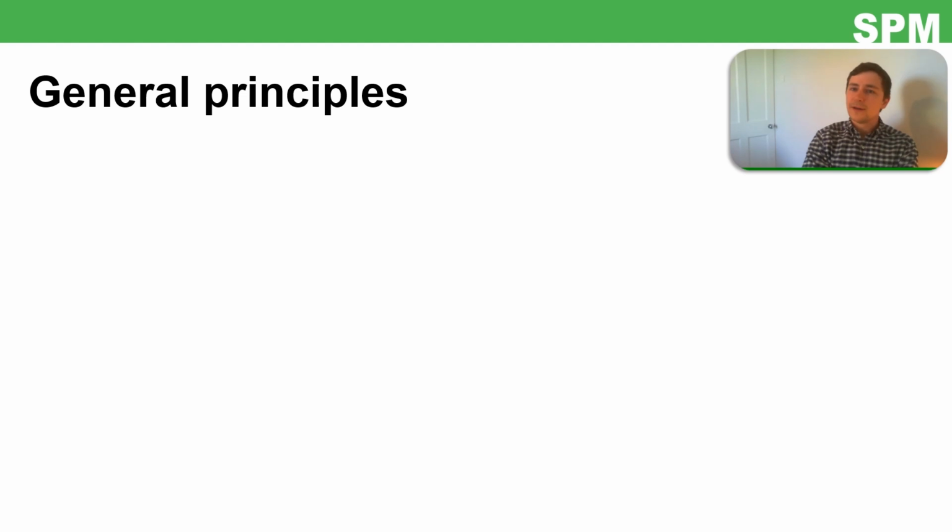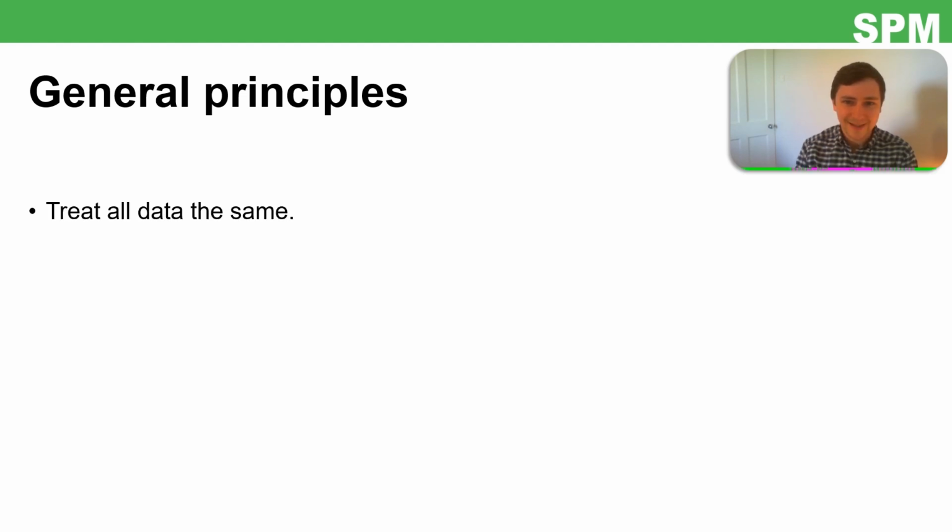Okay, so what have I learned about pre-processing? It's generally advisable to treat all data the same. What do I mean by that? Well, usually you'll be making a batch or running the same script, applying the same filters to all conditions, and in that sense you're treating all data the same.